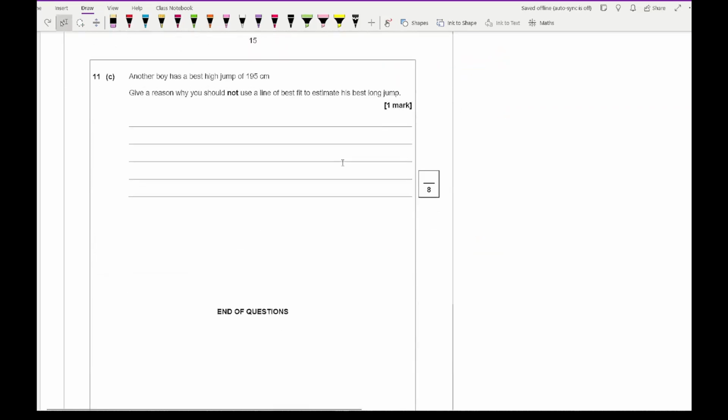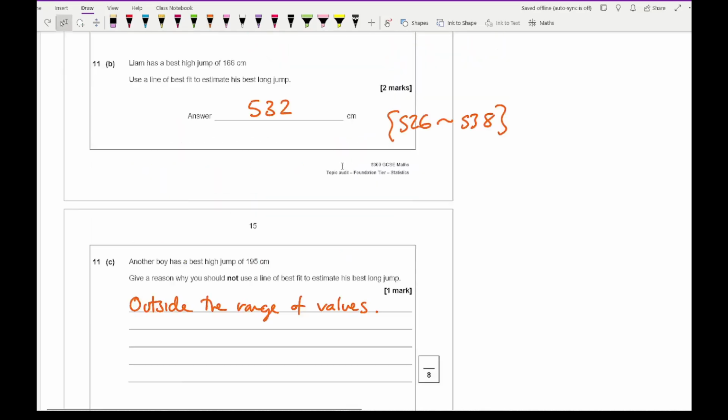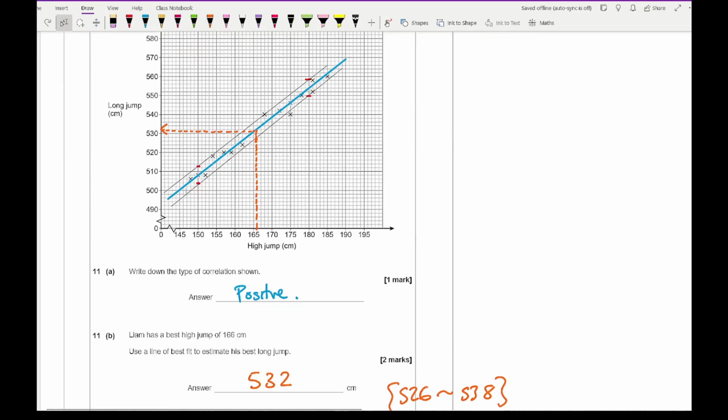Then moving on to our last part, it says another boy has a high jump of 195. Give a reason why you should not use the line of best fit to estimate the best long jump. And again, the reason for this is because it is outside the range of values, because the line of best fit only works between the lowest result and the highest result.